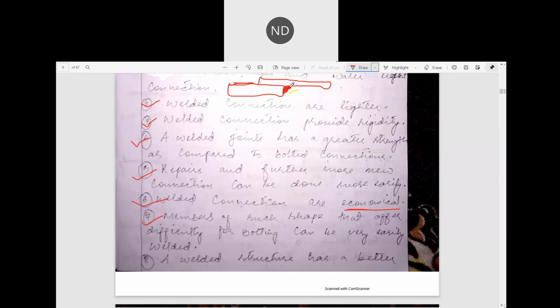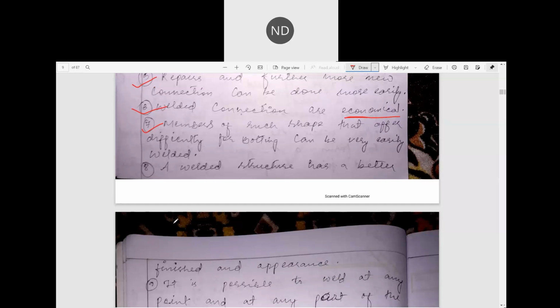In those places where the connection is not very strong, or it is very difficult for the bolts to be connected because you can't make the hole and do the bolting, it is very easy to weld, because wherever you want you can apply the heat and easily connect those two. So welding is very easy.